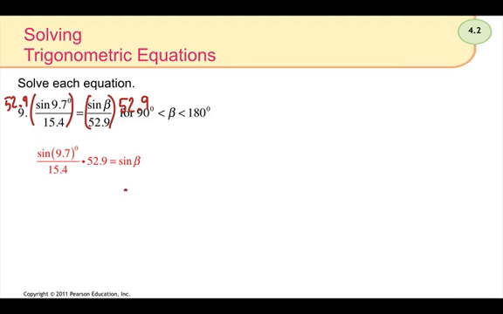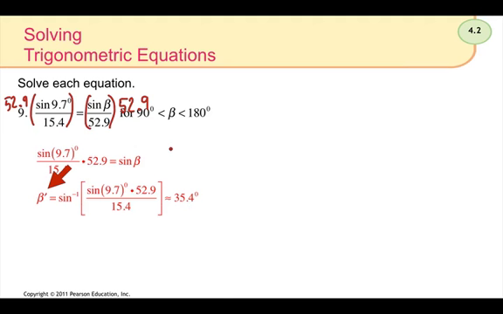And then at this point, I have sine of beta equals this, but I'm looking for beta, so I know I need to use my inverse function. And notice that I have beta prime, because once I do sine inverse of whatever this is, which is what you see inside these brackets, I end up with 35.4 degrees. Oh, I forgot to mention this. Change the mode to degrees.